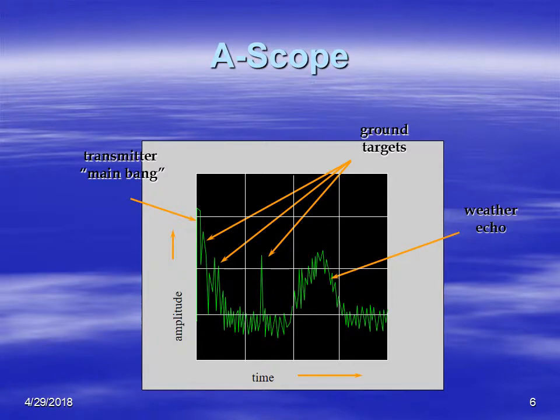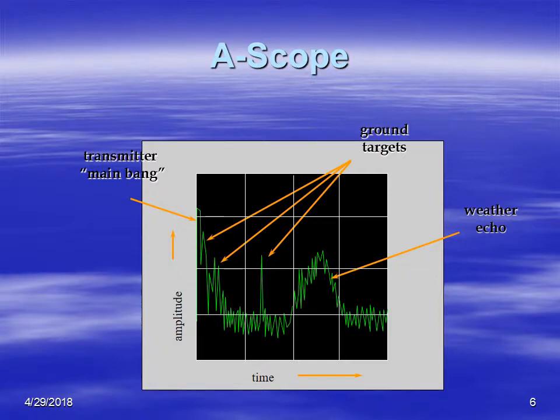So here's an artist's rendition of what an A-scope looks like. But basically on the left side, that's where the radar is located, and then everything to the right is farther away from the radar, so that's time or distance. And then the green line indicates the strength of the return, so you can see there are returns from the ground and also from weather.